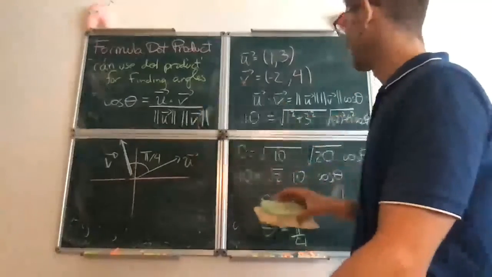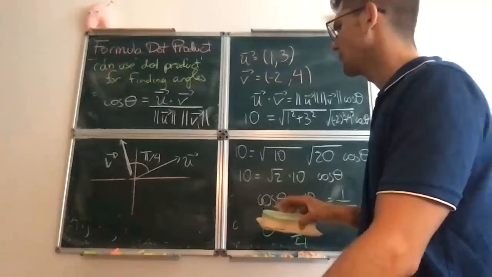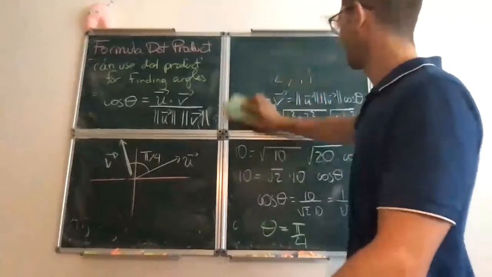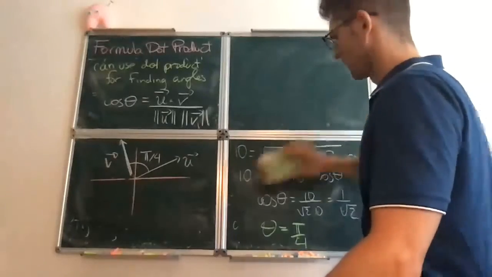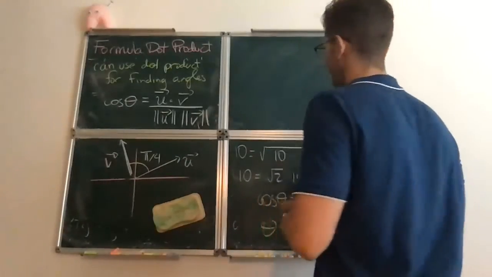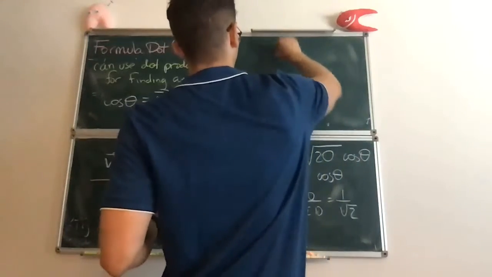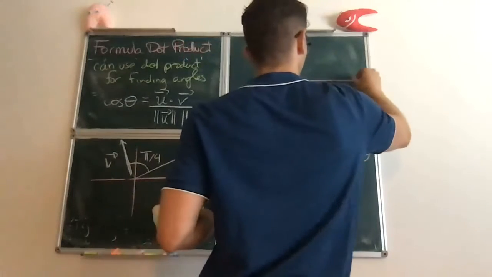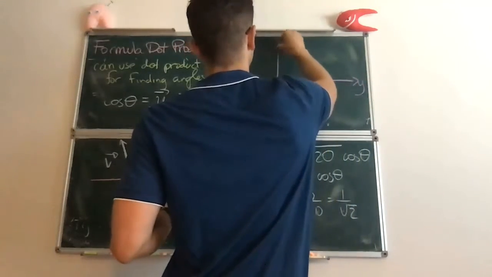an extension of this idea is for vectors which are not necessarily on the plane. So let me just mention this quickly, and we'll do more examples about this later. But you could also, instead of just working on the XY plane, work in XYZ space.